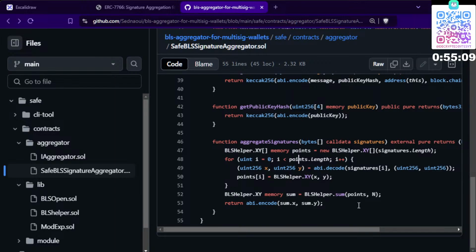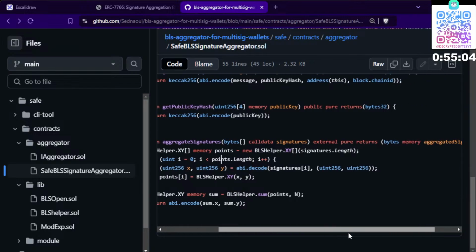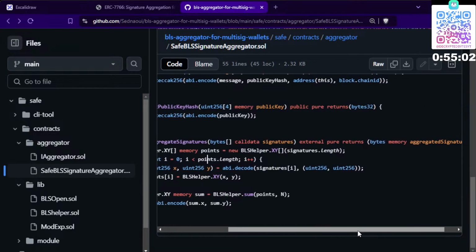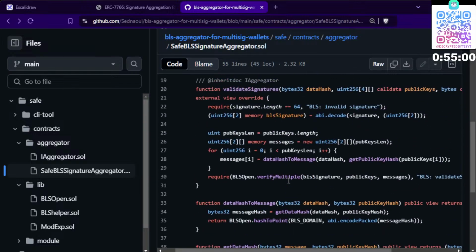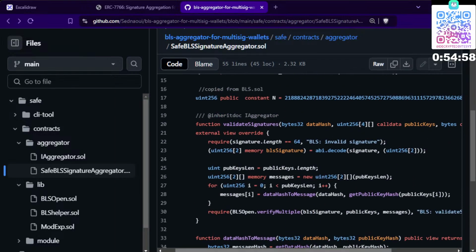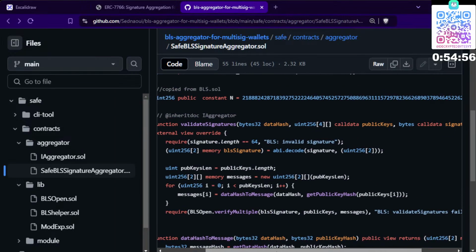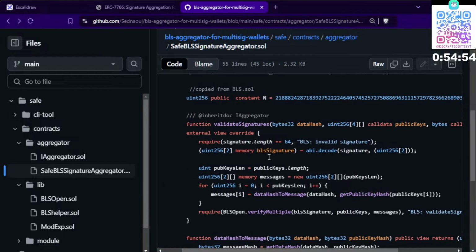So that's where we have the issue. This aggregates, this checks, verifies. 64. Okay. Then decode signature.